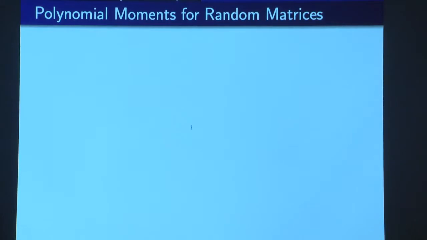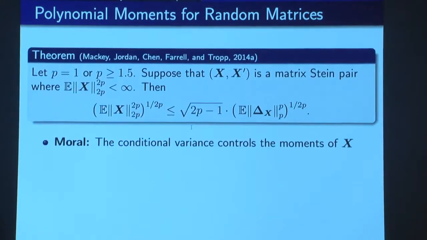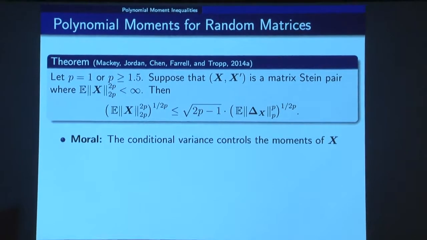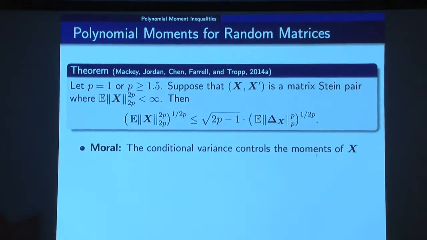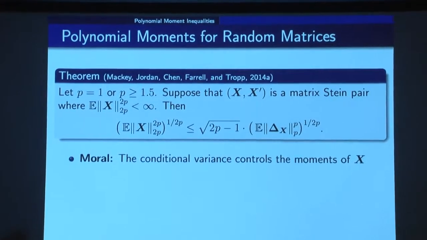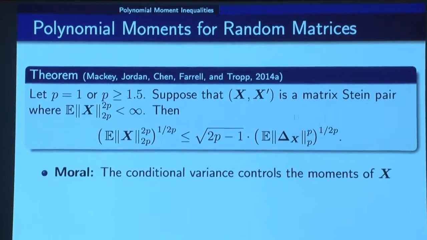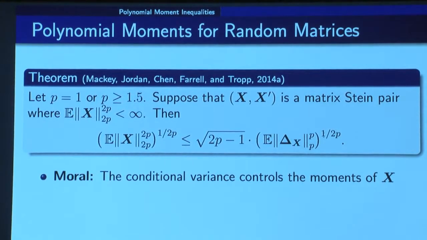OK, so I just wanted to highlight that on top of these exponential inequalities, you can derive polynomial moment inequalities. So these have the same sort of takeaway, that is, moments of x are actually controlled by moments of your conditional variance. So if you want to bound the 2pth moment of x, you can upper bound it in terms of the pth moment of delta x.